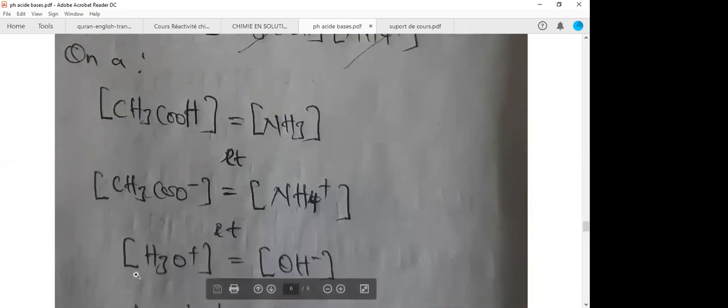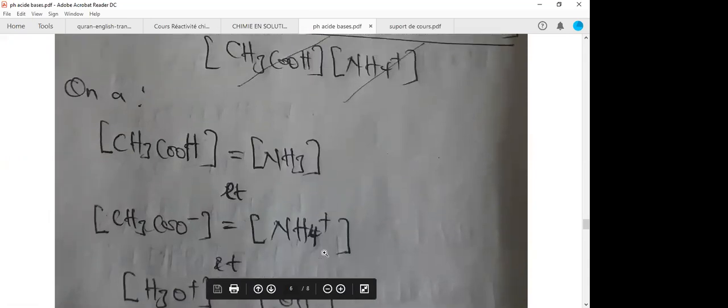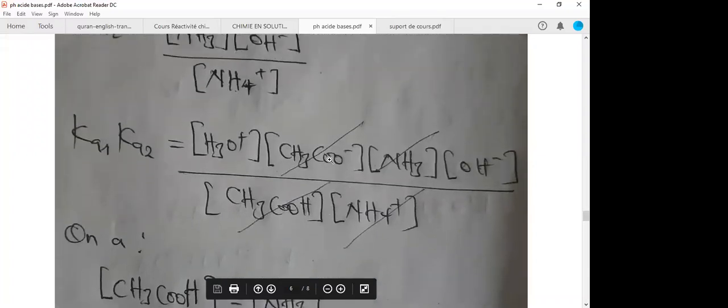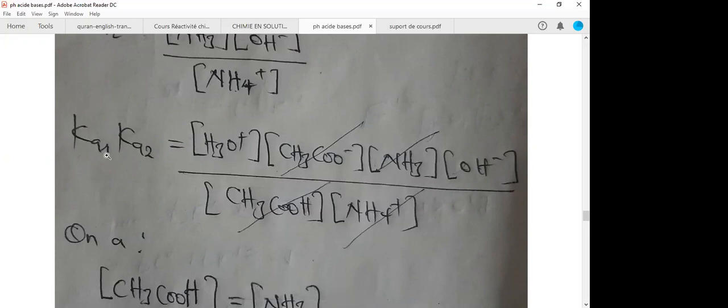And another thing is that the concentration of H3O plus is equal to the concentration of OH minus. So when we cancel those, we remain with Ka1 times Ka equal to the concentration of H3O plus times the concentration of OH minus.